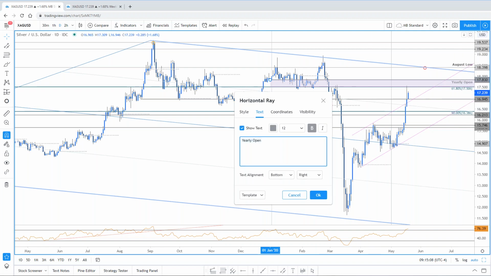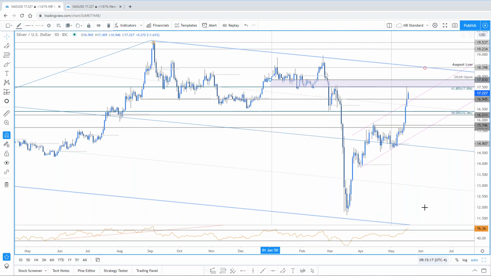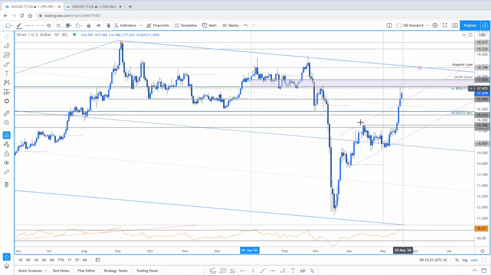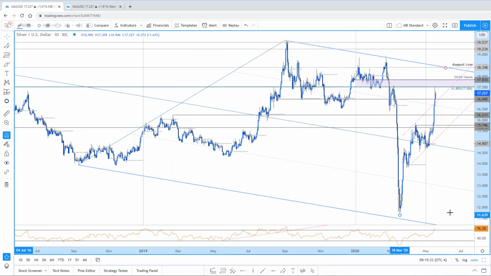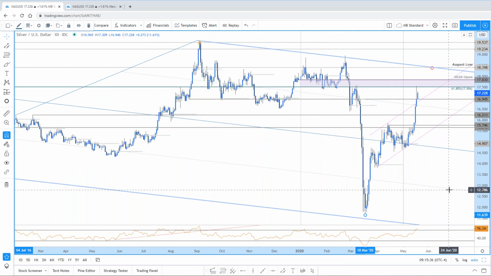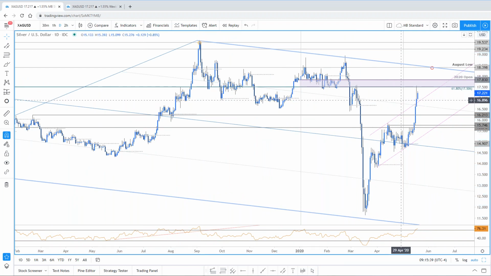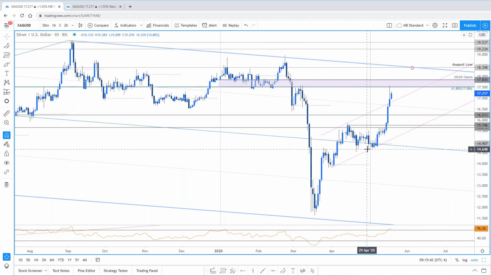Watch this zone. Wow, it's about to put in like 5 days up.